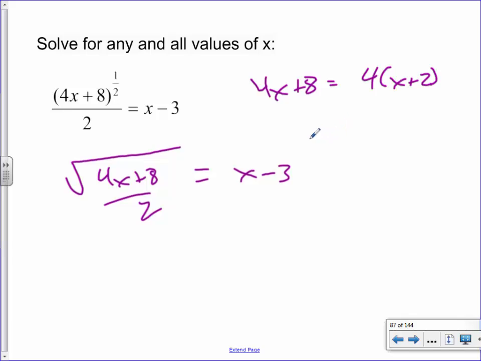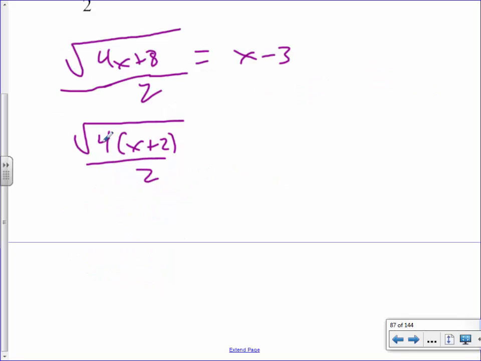That makes sense? I could write this bit right here as square root of 4 next to x plus 2. But isn't the square root of 4 actually 2? So I could write it as 2 square root of x plus 2 over 2.